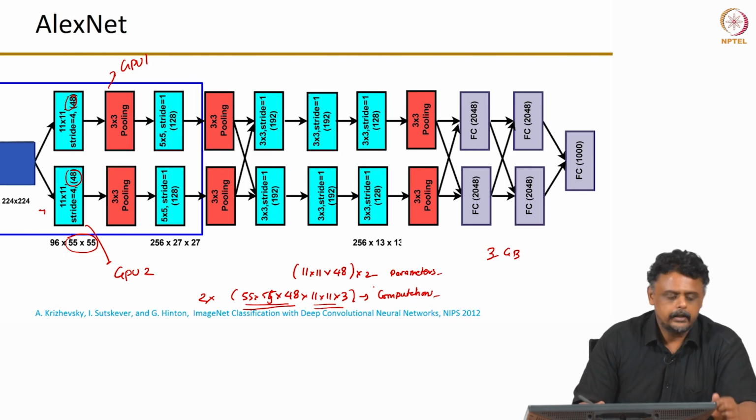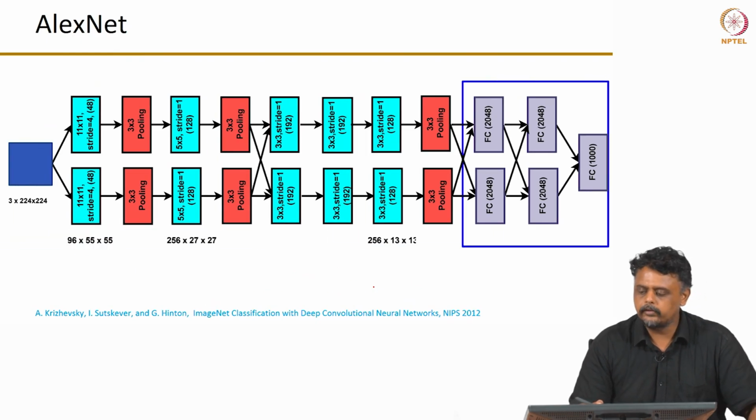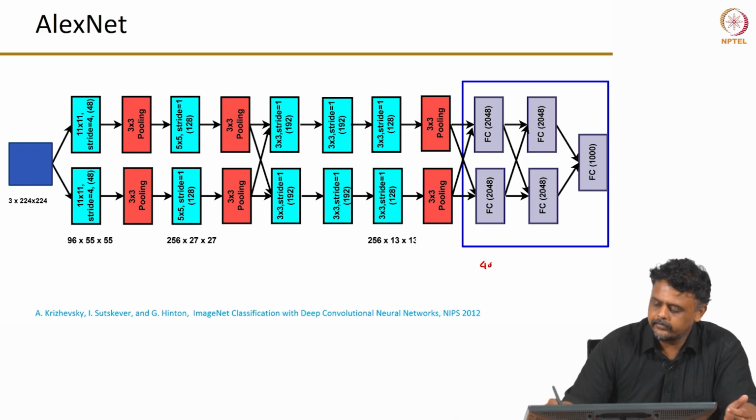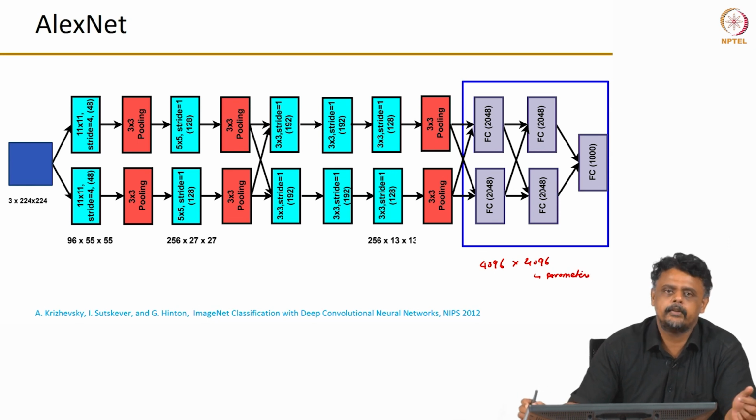And if you go to the final layer, as I showed in the earlier slides, at least in between the 2 fully connected layers you can calculate: it is 4096 times 4096, the number of parameters. That is your weight matrix for a fully connected layer, which is how you would calculate for a regular artificial neural network.